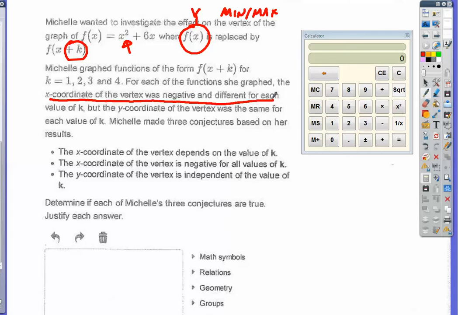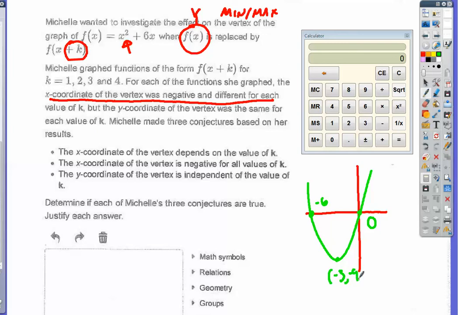So that means it slid along the x-axis. So if we have a parabola, let's say it looks like this, where we have an intercept at -6 here and an intercept here of 0. And just for funsies, let's say that minimum point is -3, -9.